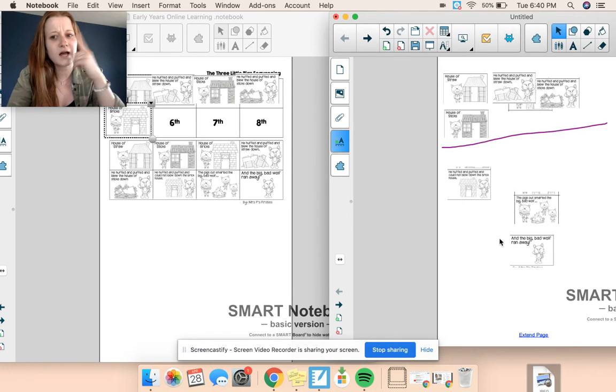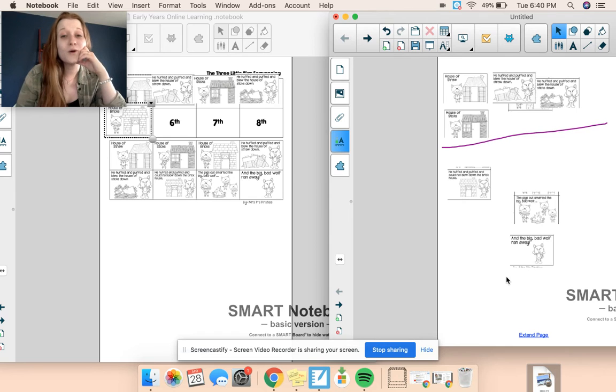What did he do at the house of bricks? Or was there something that happened before that? When the two little pigs ran over to the house of bricks, what did they say to one another? Were they scared? No, they weren't scared because they knew that the wolf would not be able to blow down a house full of bricks.